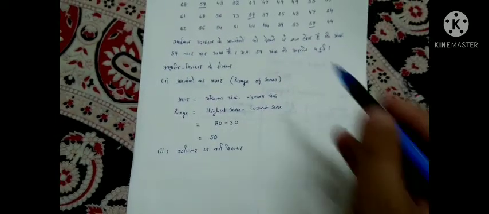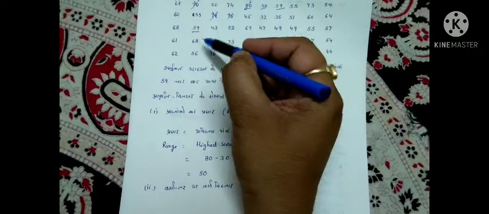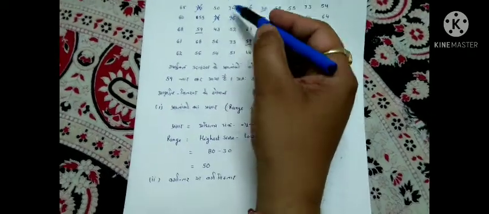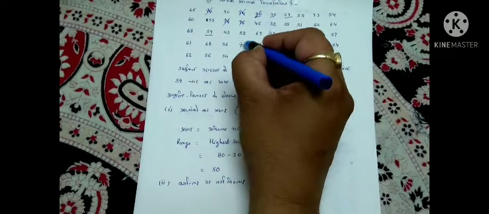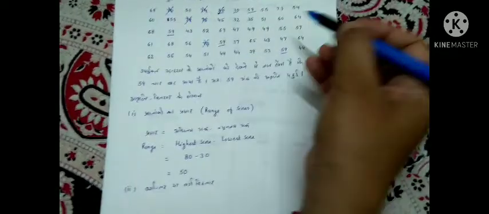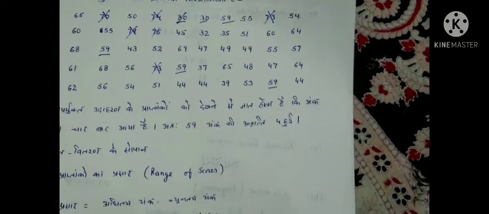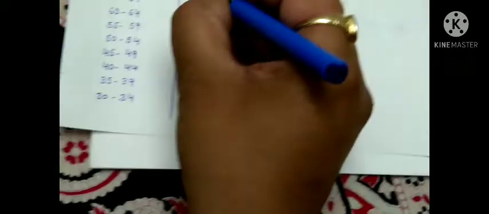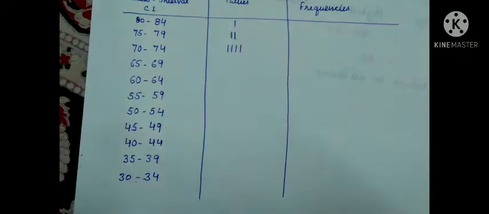Okay, so let us calculate how many students. 1, 2, 3, and one more is this. These are the 4 students lying in this class interval. So put 4 tallies like this.